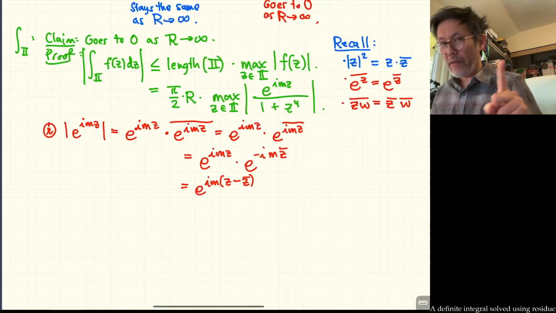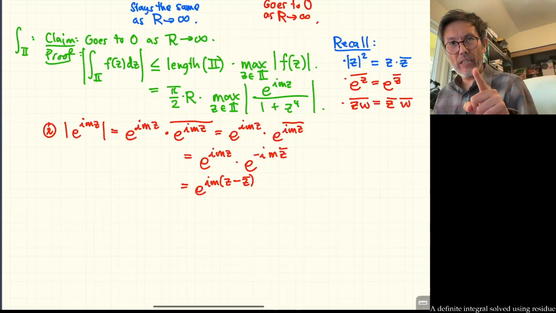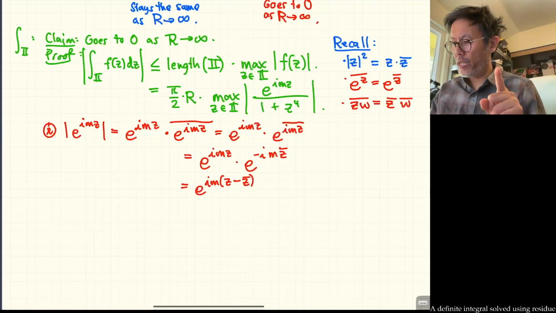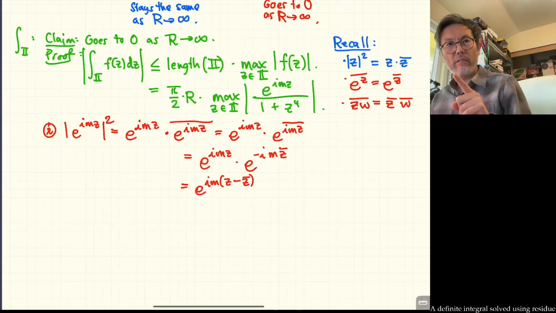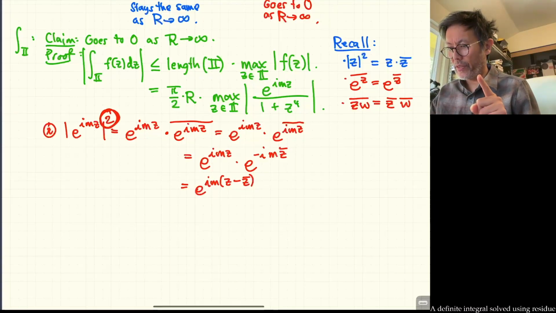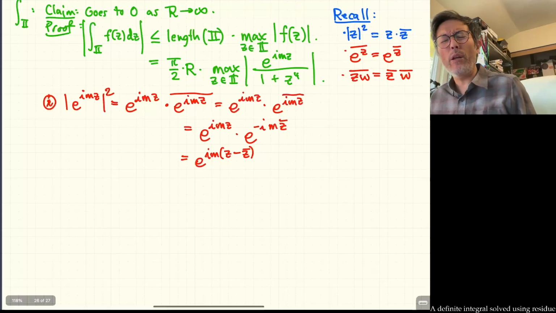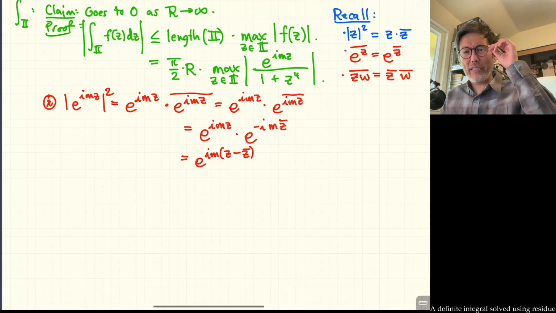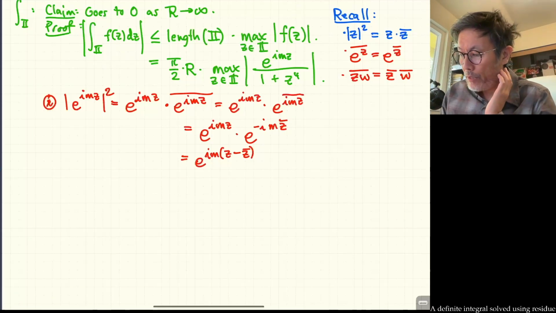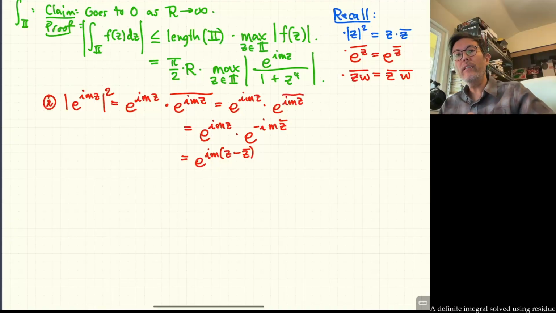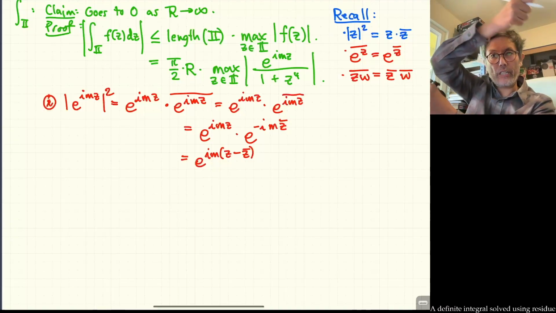Oh, and one bookkeeping thing that I messed up on. This is, of course, the modulus of this squared. Don't sleep on that. Now, assume that z is in the first quadrant, as it is if z is on this arc.